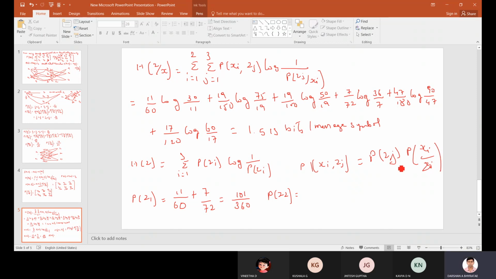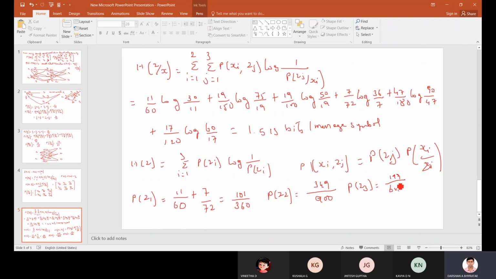After simplification, P of z2 is 349 by 900, and P of z3 is 199 by 600.